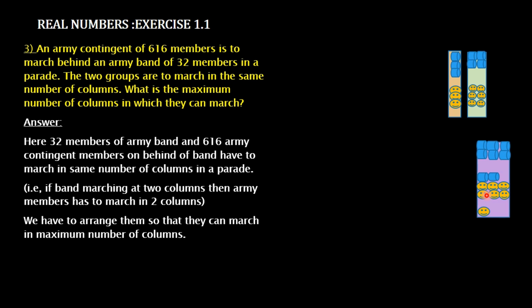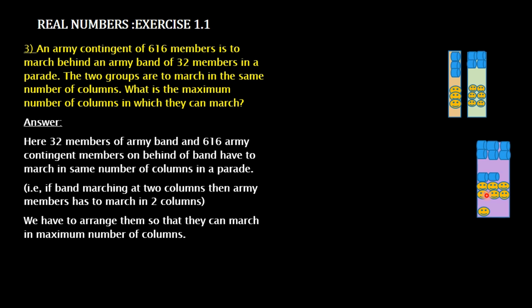You can divide the chocolate with only one member by giving all the chocolate to him. Then among 2 members by giving 3 each. Then among 3 members by giving 2 each equally. Then what about 4 members? Can we divide 6 chocolates among 4 members? Okay, it is not possible.